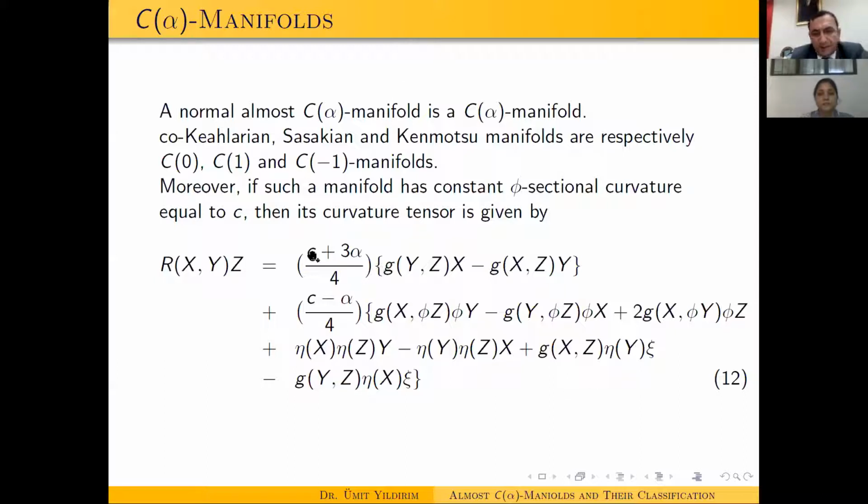This c is the phi-sectional curvature. In this equation, when alpha equals 0, the manifold reduces to co-Kählerian. Alpha equal to 1, the manifold reduces to Sasakian. Alpha equal to minus 1, the manifold reduces to a Kenmotsu manifold. This is the C alpha manifold classification.